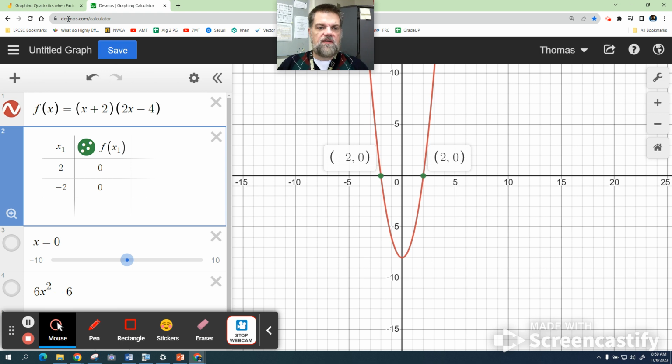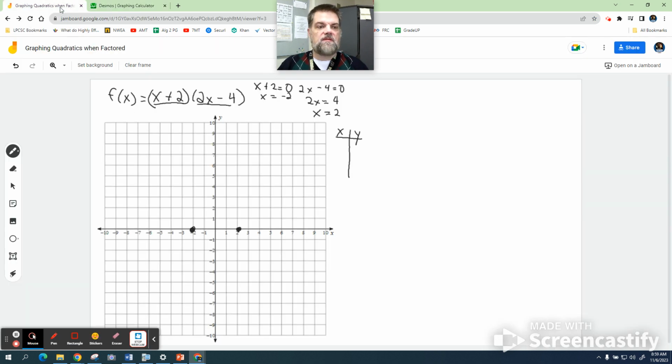And where do you think the vertex is? So let's catch up. So I'm going to say that when x equals 2, y equals 0, and that's this point here, 2, 0. When x equals -2, y equals 0.